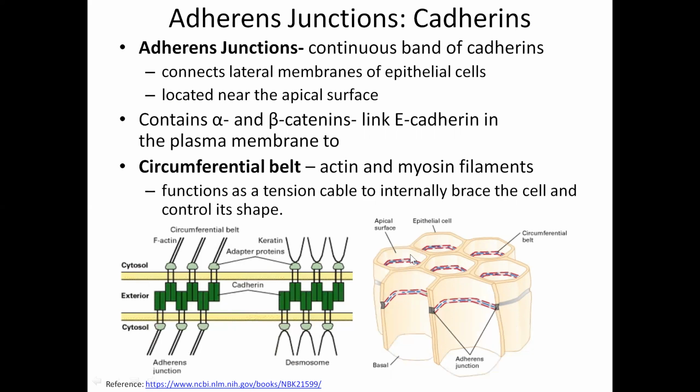They're located near the apical surface, so near the top of the cell, and they contain alpha and beta catenins, which link epithelial cadherin in the plasma membrane to the circumferential belt, which you can see here, which is composed of actin and myosin filaments. This functions as a tension cable to internally brace the cell and control its shape. And you can see in this diagram how the cadherins bind to each other.